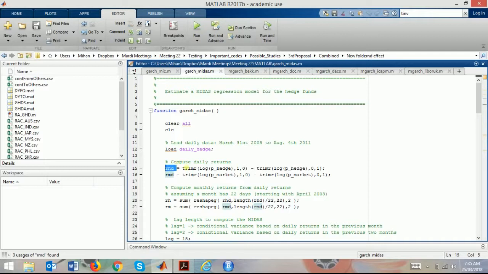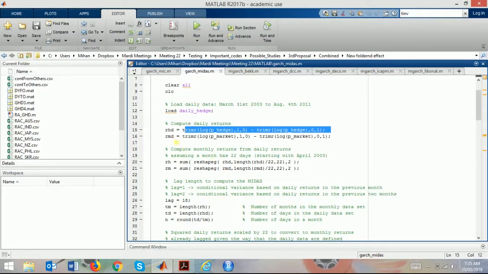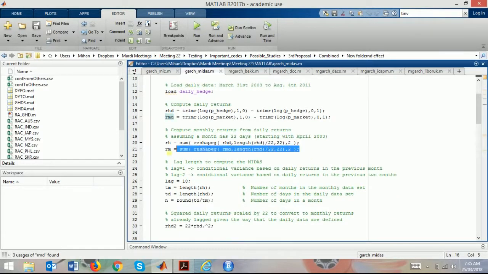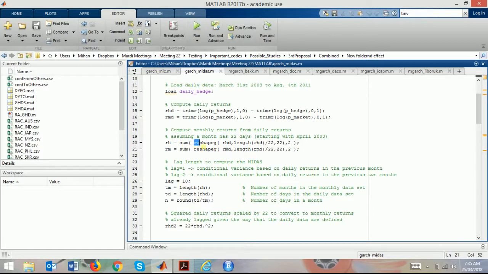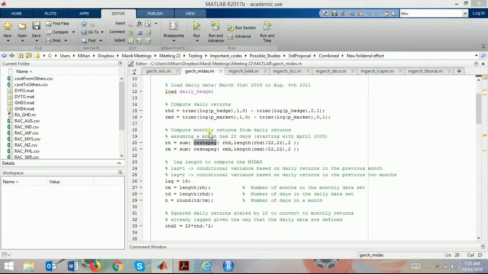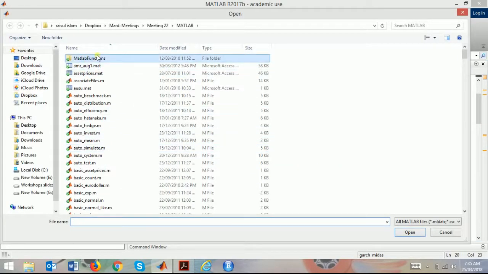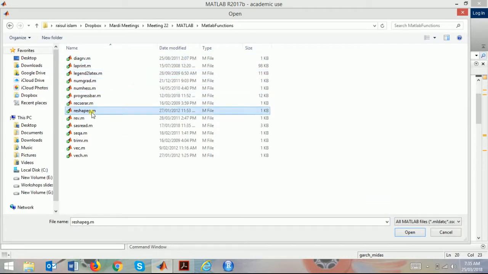RHD is the return on hedge funds on a daily basis, a simple log difference, and then daily returns on the market, which we convert to monthly. This is the tricky part, and we are doing it for the first time. You use reshaping. What is reshaping? It simply reshapes the dimension.